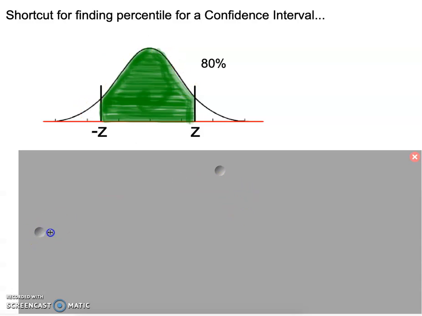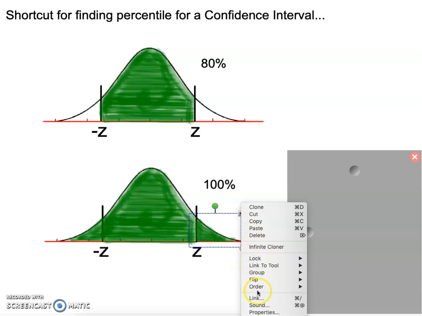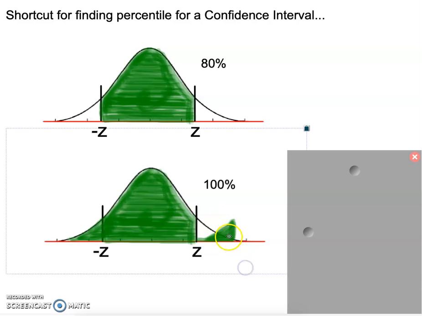Take a look at this once. I have another version of the same graph. This one I have 100% of the data shaded in. I'm going to take this little tail over here. Let's flip it. And I'm going to use that to fill in the answer up there.